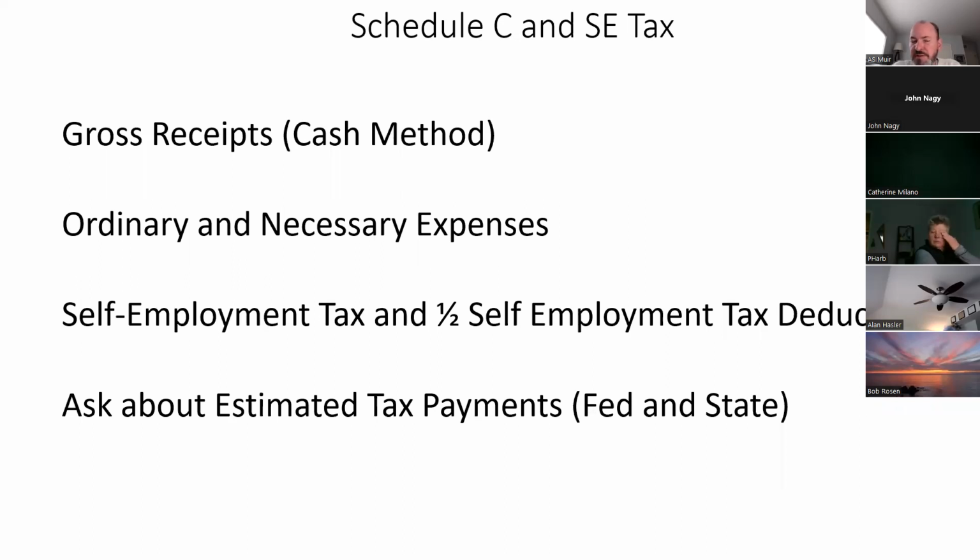And then when you talk about expenses, the bottom line is they have to be ordinary and necessary. There has to be a business purpose, and it has to be reasonable in nature. Now, in the VITA program, we're not auditors, but when someone comes to me and says, Jerry, I'm a self-employed dog walker, and I have expenses.